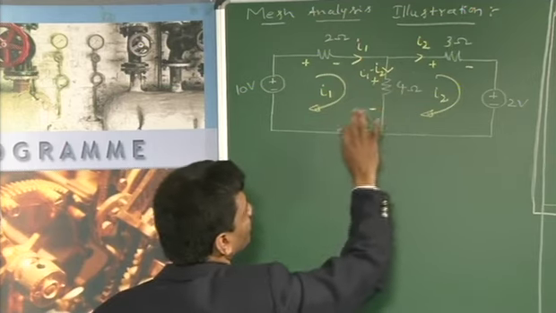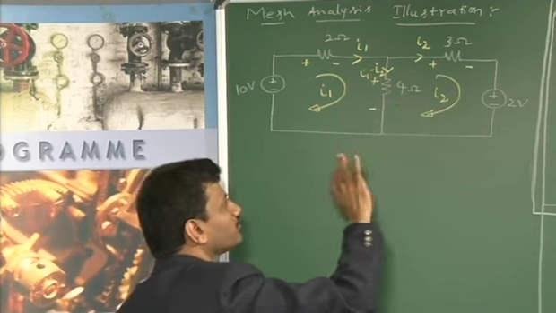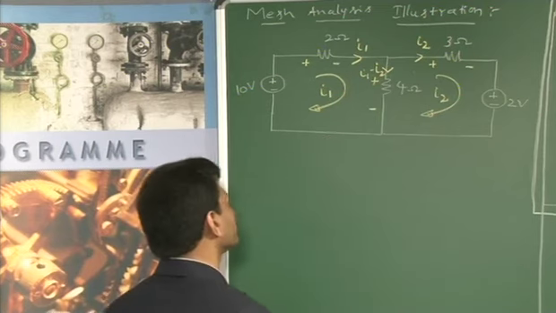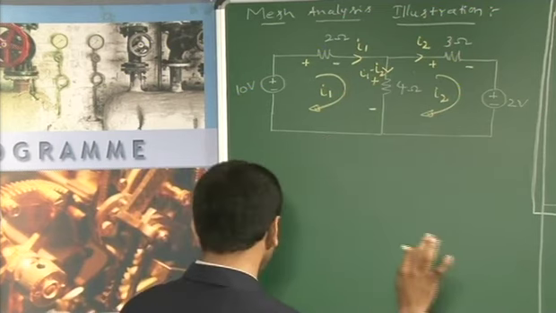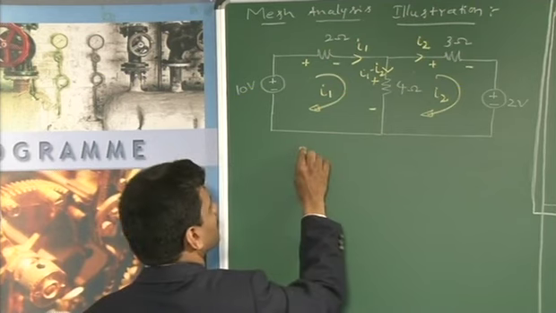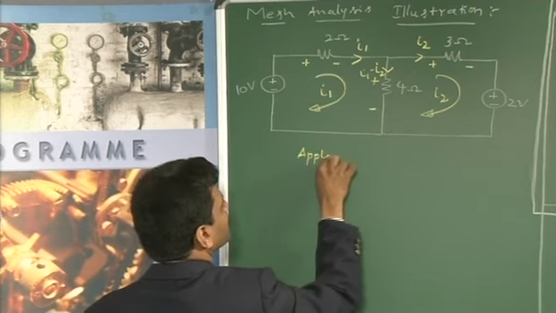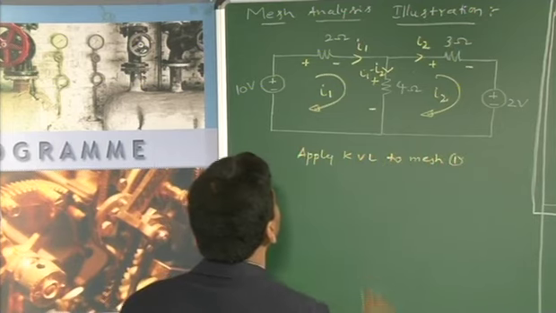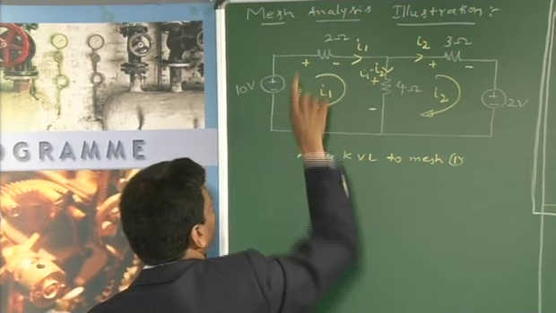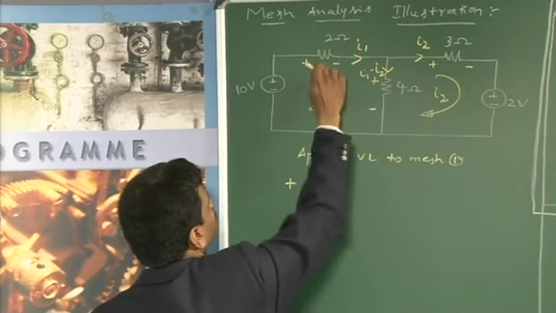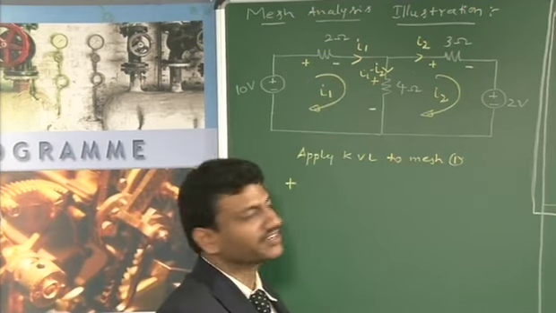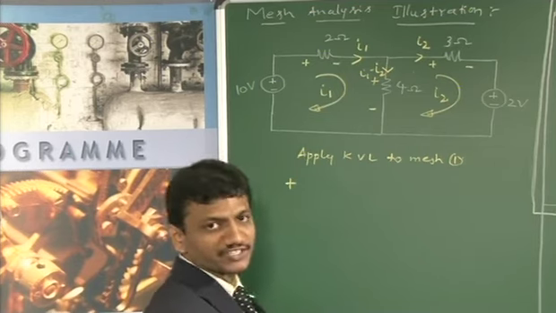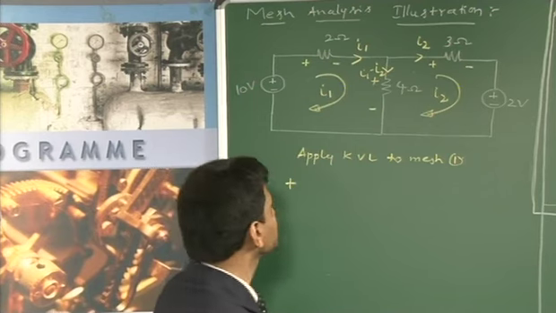So now we are very much sure about the polarities of the potential drops across the elements in each of these meshes. Now we will apply KVL to each of these meshes. First, apply KVL to mesh 1. We start from here, encountering plus, and the drop across the resistance is always given by the current that enters the positive polarity, multiplied by the resistance value itself.